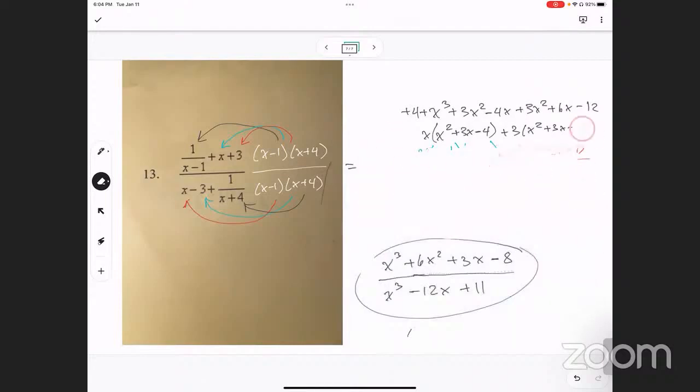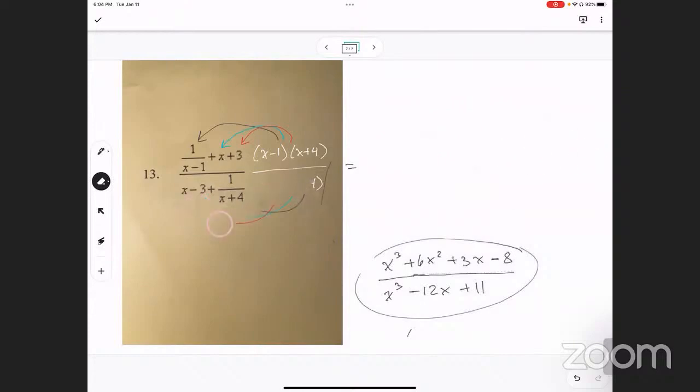So you can choose whichever way you want to do that problem, but that's called clearing the fractions. I'll show you the other way you can do it. The other way you can do it is you can get common denominators on the bottom and the top, which means you would multiply this by x plus 4 on the top and the bottom. And then you'd multiply this by x plus 4 on the top and the bottom.